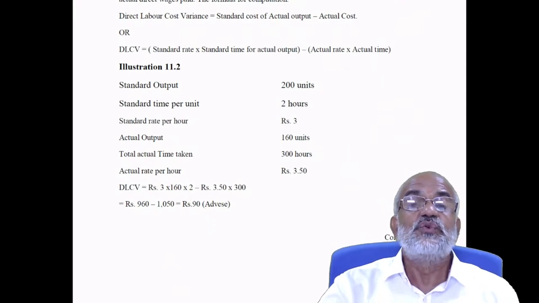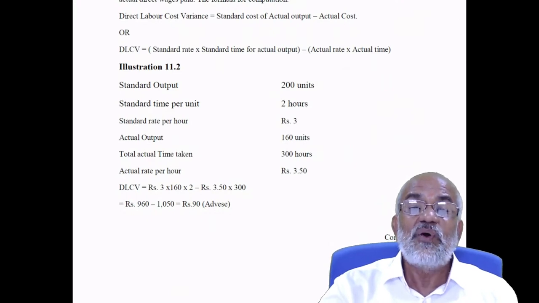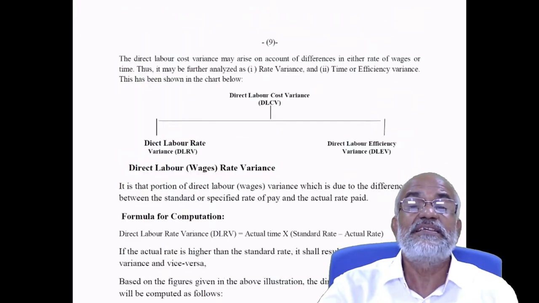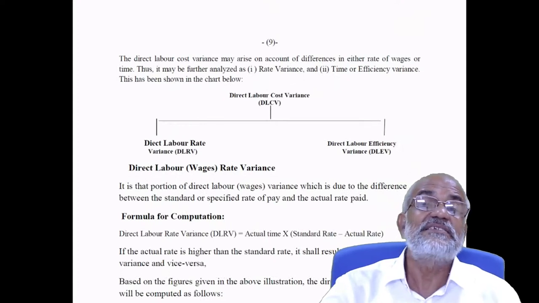That is, 2 is the standard time per unit, 350 is the actual rate per hour, and 300 is the total actual time taken. So this gives rise to 960 minus 10550. That means 90 rupees adverse. So the direct labor cost variance as calculated here is 90 rupees adverse.